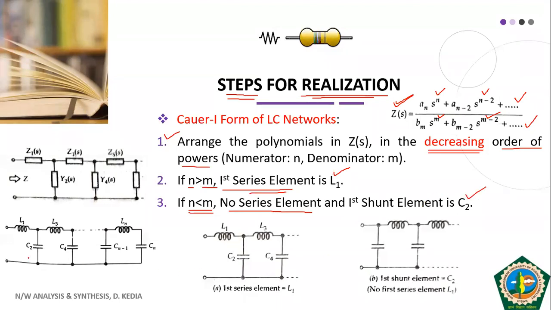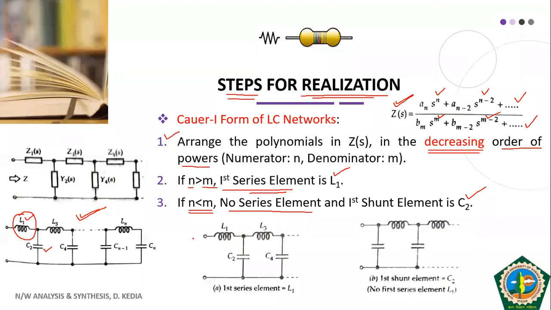Look at this network, which is the Cauer one form of representation. Here we have an inductor and a capacitor. The first inductor is L1, the first capacitor is C2. In case you are given a driving point impedance function, if the power of the numerator is greater than the denominator, then the first element will be an inductor.